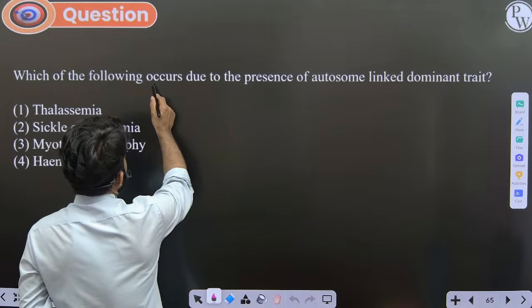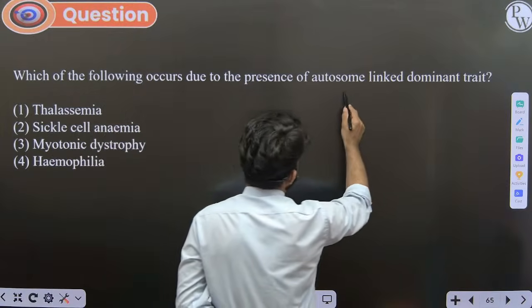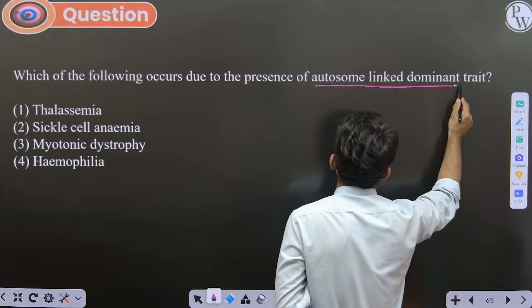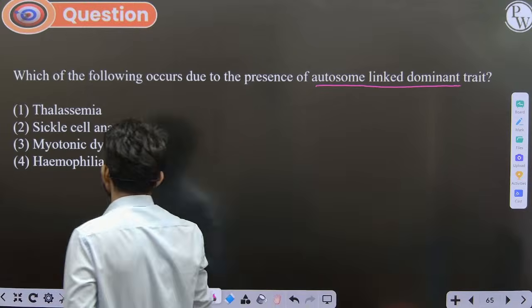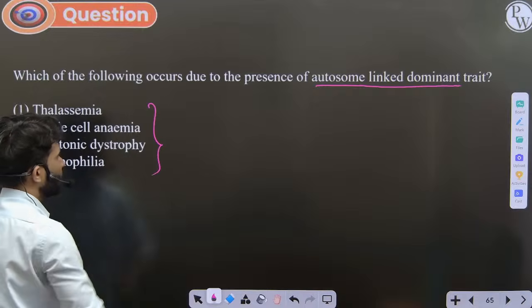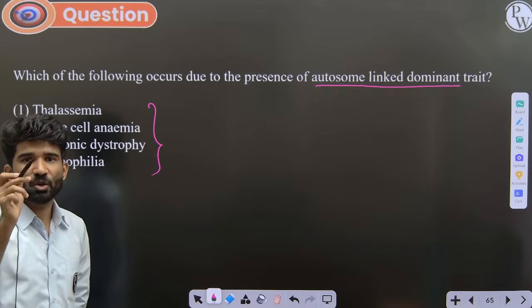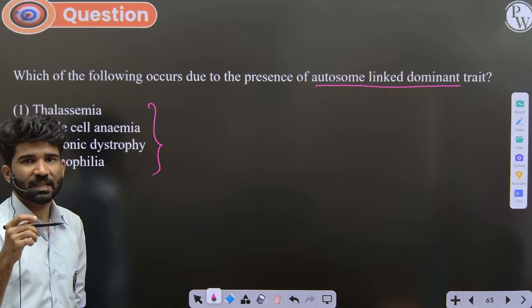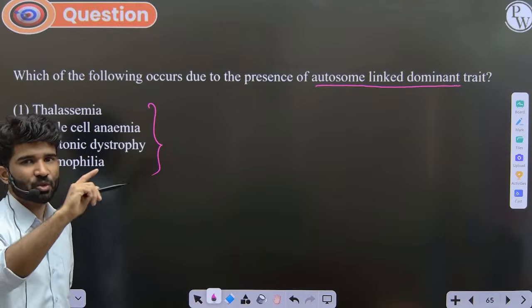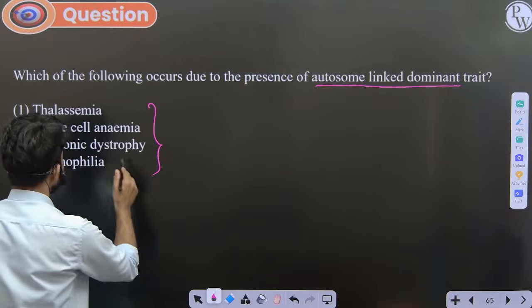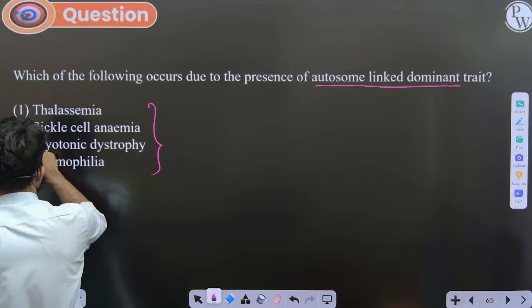Which of the following occurs due to the presence of an autosomal linked dominant trait? Among these diseases, you have to identify the autosomal dominant disease. In the NCERT textbook, only one example is given for autosomal dominant disorder, that is myotonic dystrophy.